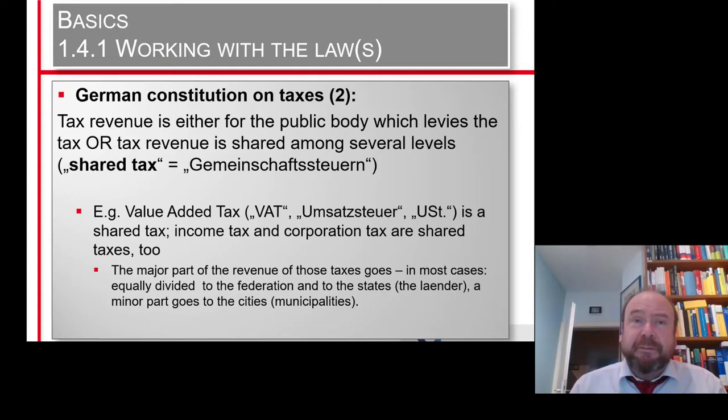So if you pay your income tax on your wages here in Germany, then you can be sure that you also pay something for the city where you live in, although you do not see that directly because the income tax is levied as one single amount, at one single rate from everybody.